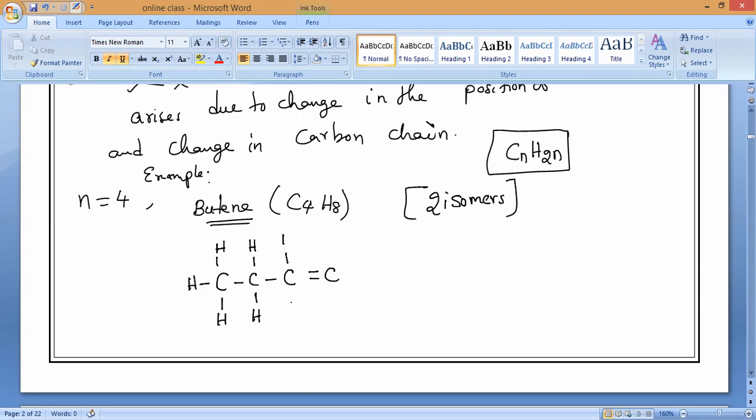Third carbon, only 1 hydrogen will come, because already 3 bonds are there. Last carbon, 2 hydrogens.